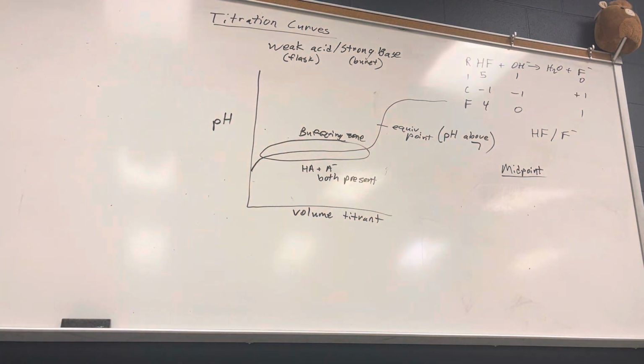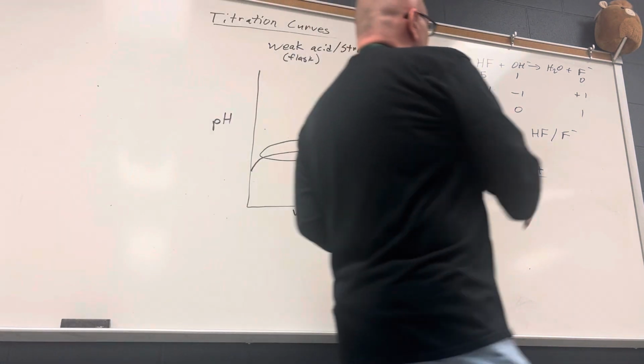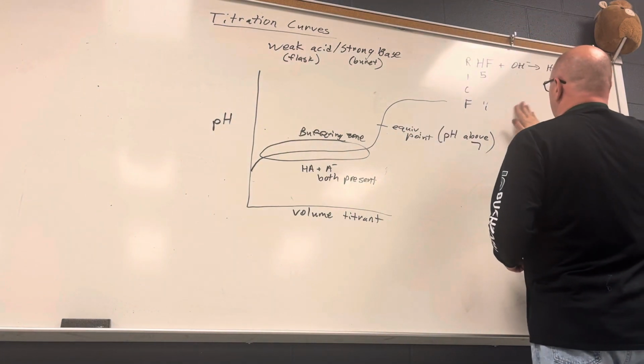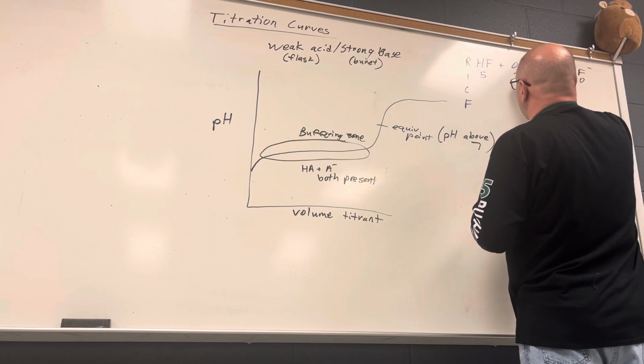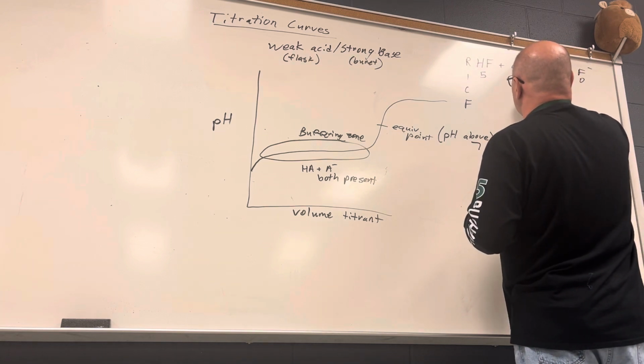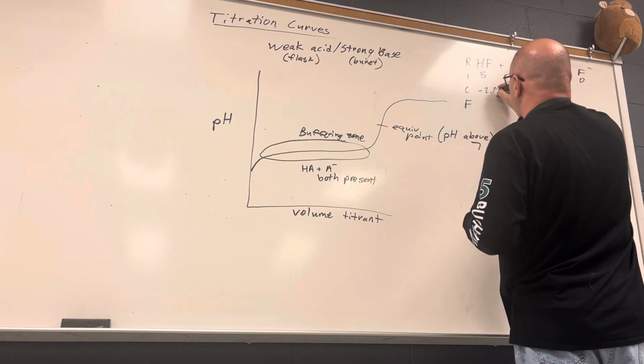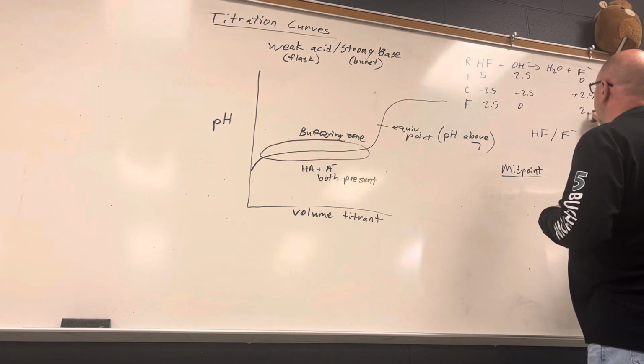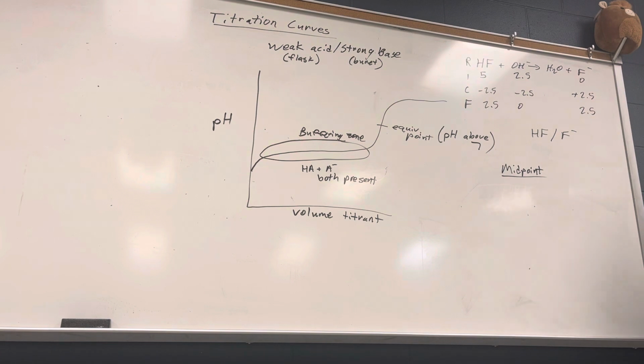Now, at the midpoint, what would my moles of hydroxide be? 2.5. So this is 0. If we think about the Henderson-Hasselbalch equation, remember where we do log of base over acid?